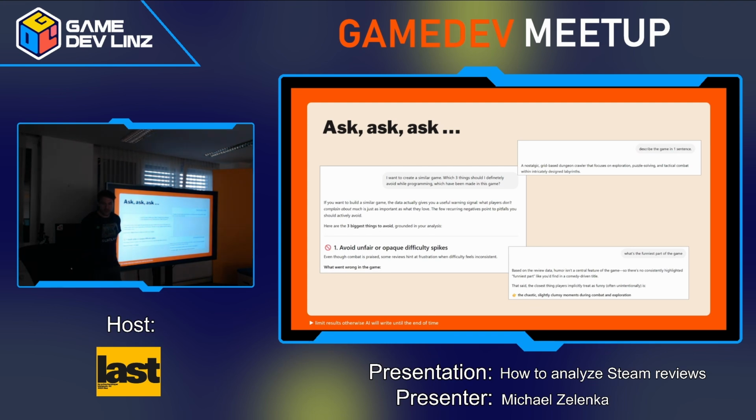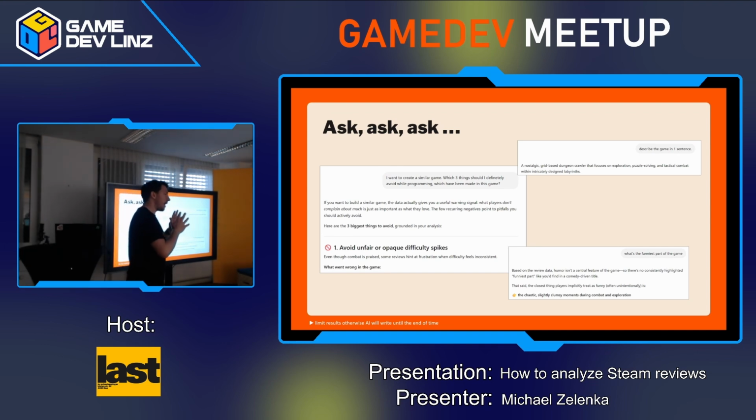And when you have the pro version, for instance, of ChatGPT, then you can also create a custom GPT where you can tell the AI beforehand: every game which I give to you for analyzing should be prepared this way, and I want to know this and that, and you have to answer these questions.